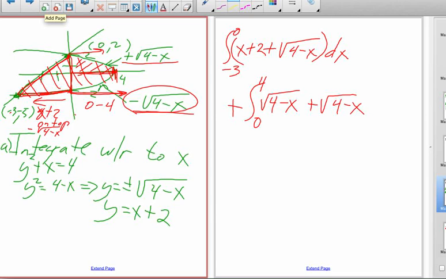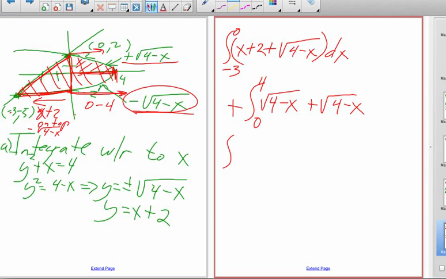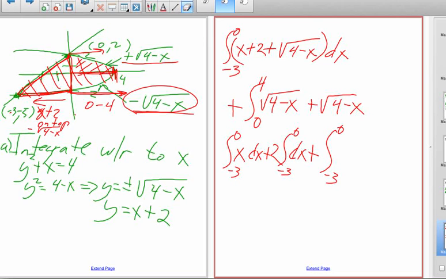And I'm going to rewrite this a little bit now. So I'm going to have the integral from -3 to 0 of x dx plus 2 times the integral from -3 to 0 of dx plus the integral from -3 to 0 of, and I'm going to go ahead and rewrite this because this is a u sub problem, 4 minus x to the 1/2 dx, where this is your u.